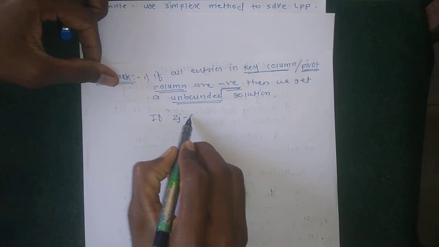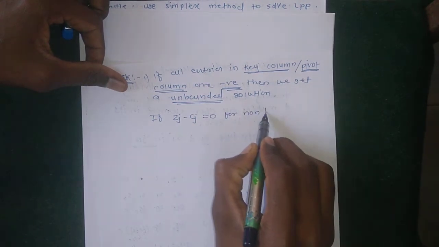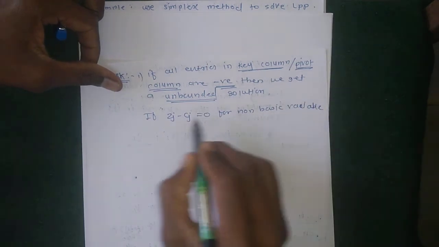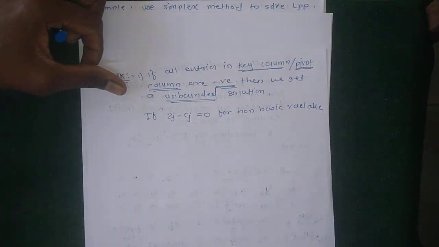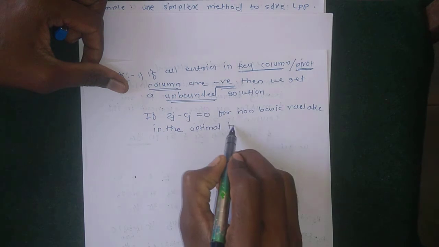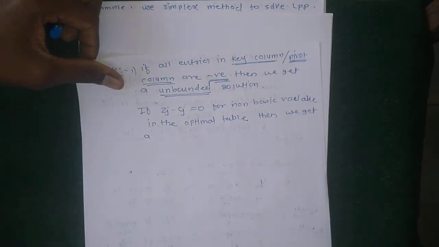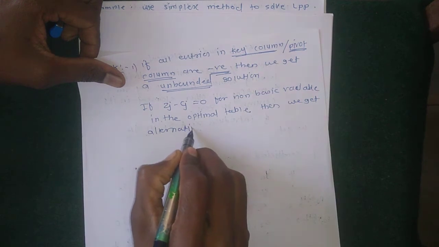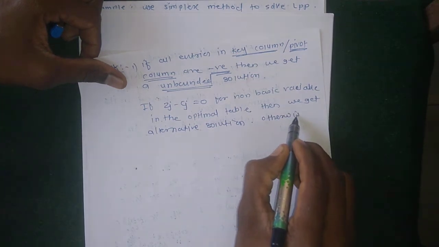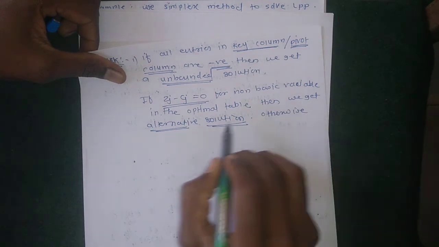If Zj minus Cj is equal to 0 for a non-basic variable in the optimal table or simplex table, then we get an alternative solution.